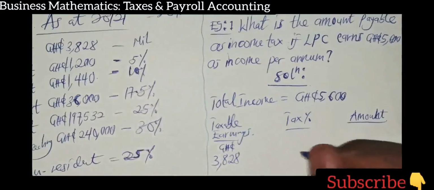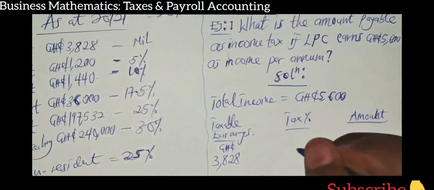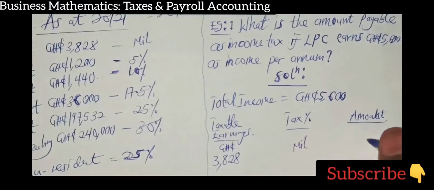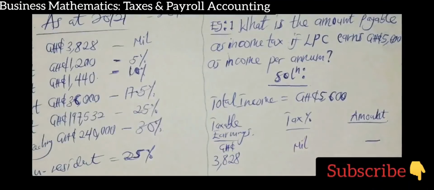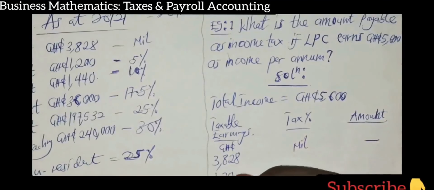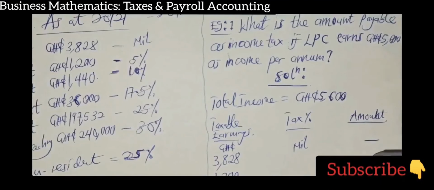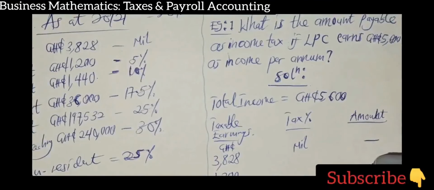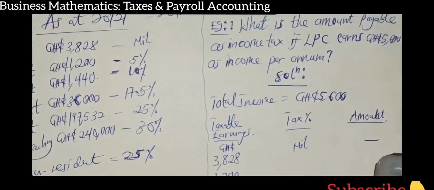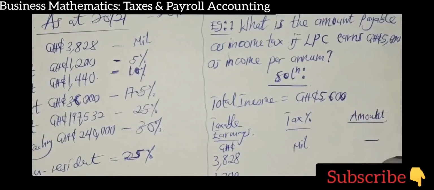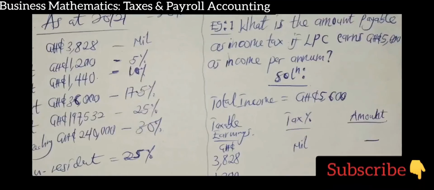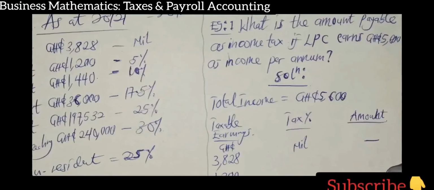The tax amount here was 0. Then my 1,200: after subtracting the 3,828 from 5,600, I was left with 1,772. I subtract 1,200 from it again, and I'm left with 572.